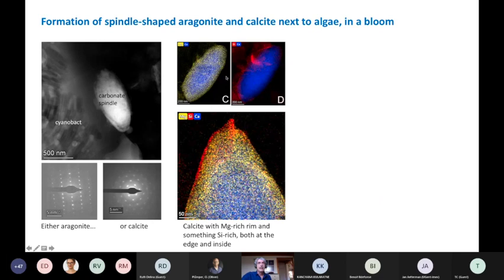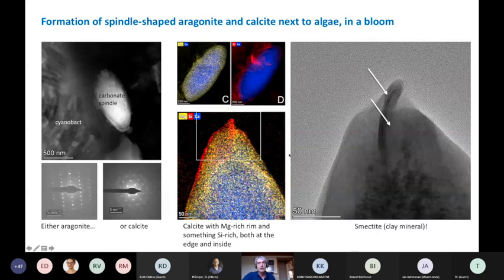Again, they have this heterogeneous composition with a magnesium-rich rim, but you can also see something strange in it, especially in the elemental maps. The red is silicon, and you see that there is silicon also here and around the rim. So there's something, a silicate, in these particles. And what is it?